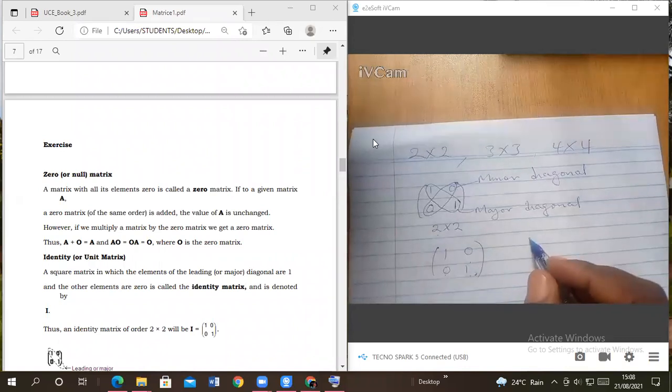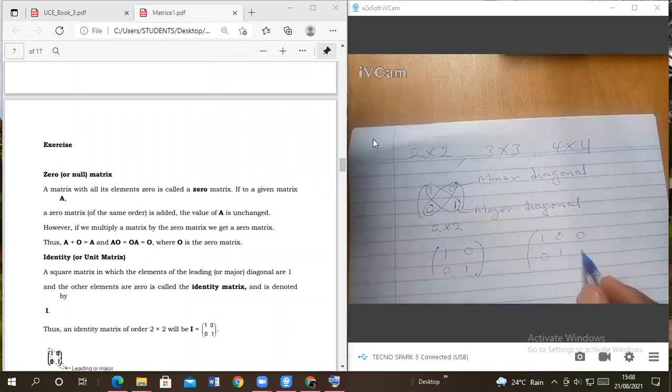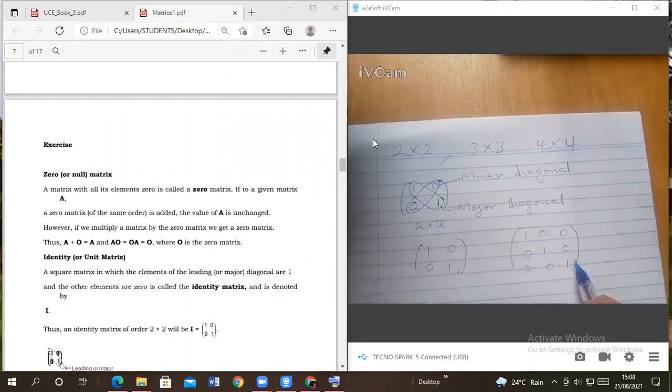If it is a 3 by 3, it will look like this: 1, 0, 0, 0, 1, 0, then 0, 0, 1. This is the major diagonal. Okay.